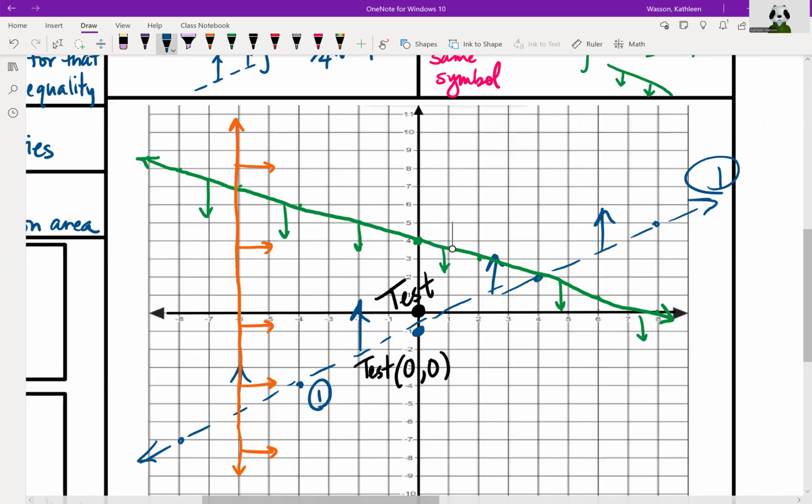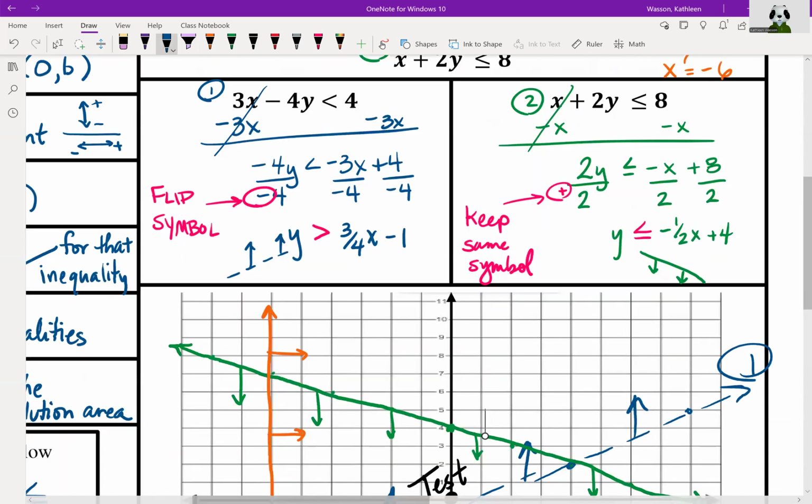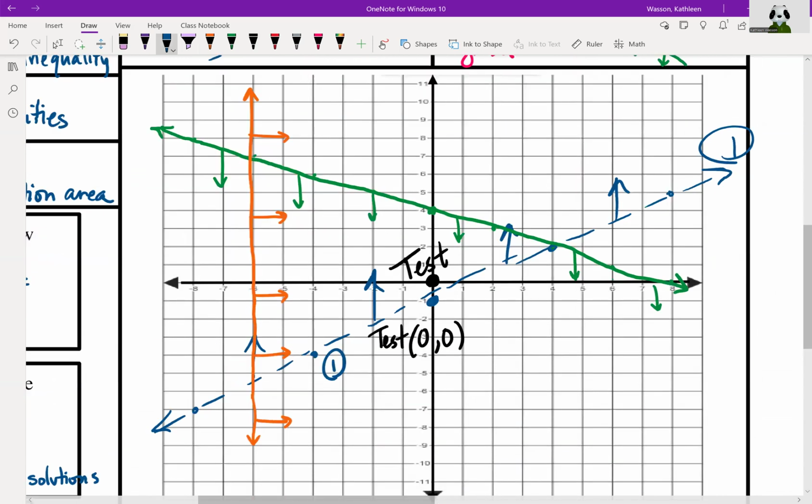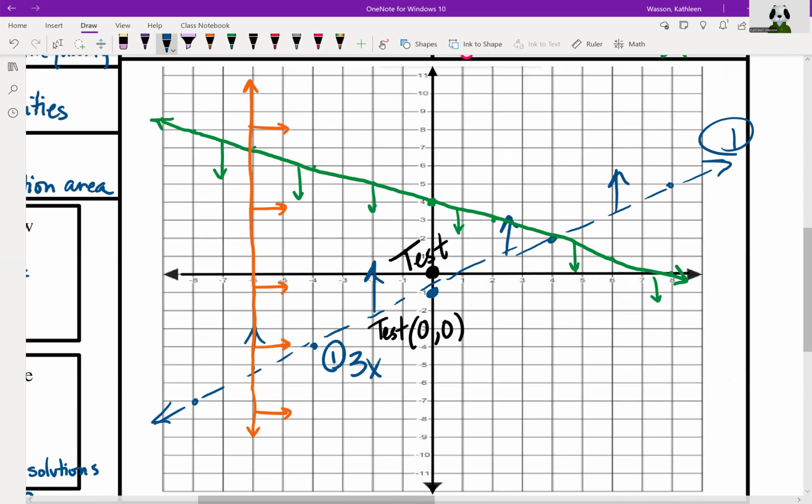When I substitute, I'm going to use the original inequality. So this first one, I'll test 3x minus 4y is less than 4. When I substitute, I'll have 3 times 0 minus 4 times 0 is less than 4.